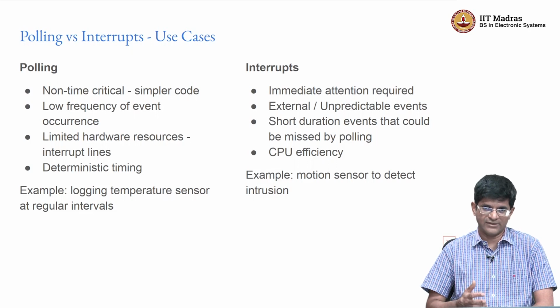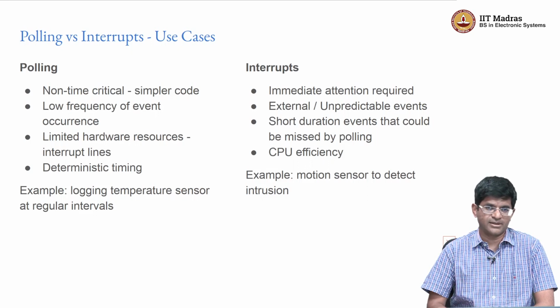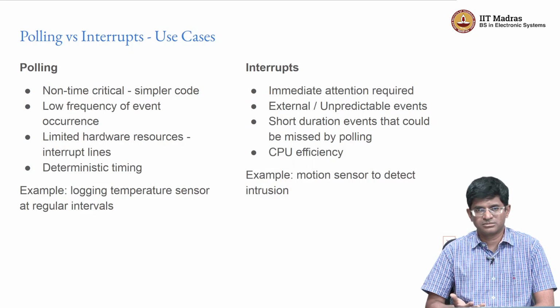You know that once every second or once every 200 milliseconds, you are going to come and do the condition check, right? Whereas with an interrupt, as and when the event occurs, you will respond to it, but when exactly it is going to check and be sure that something has occurred or not occurred, you can't be sure of that, because it all depends on when the external event happens in the first place.